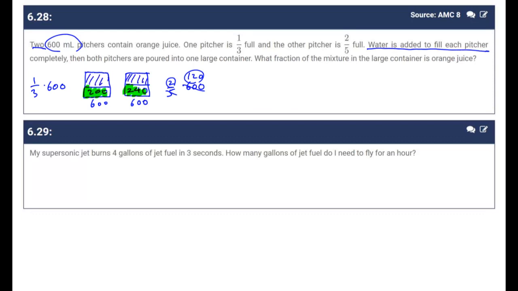That means we have 600 milliliters of mixture here and another 600 milliliters of mixture right there, right? And they're asking what fraction of the total mixture in the large container, because they're all poured into one large container, right?